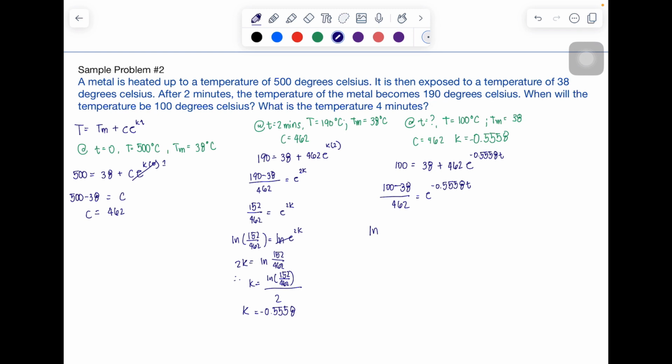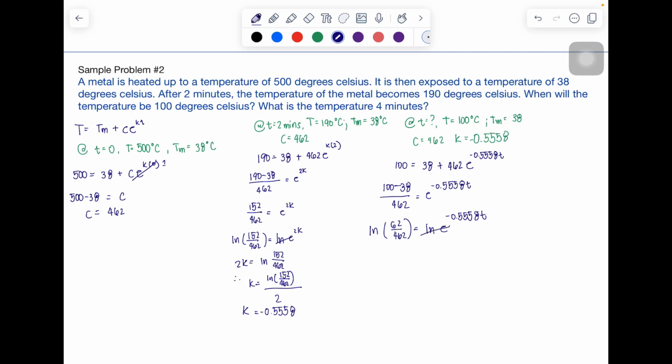So you have ln of 62 over 462 is equal to ln of e to the negative 0.5558 t.